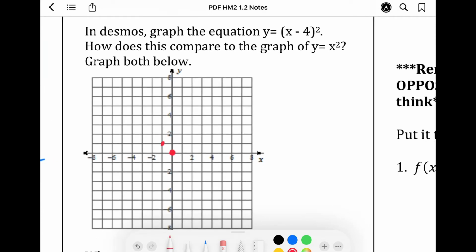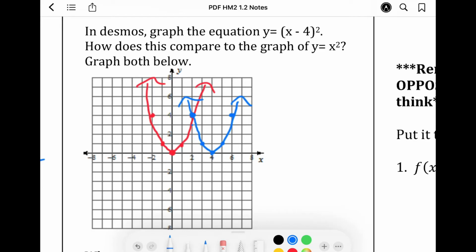In this one, if we graph our parent function, which is that y equals x squared, it says it in the directions of this one. Our new one is going to look like this if we graph it into Desmos or a graphing calculator. So how did we move?